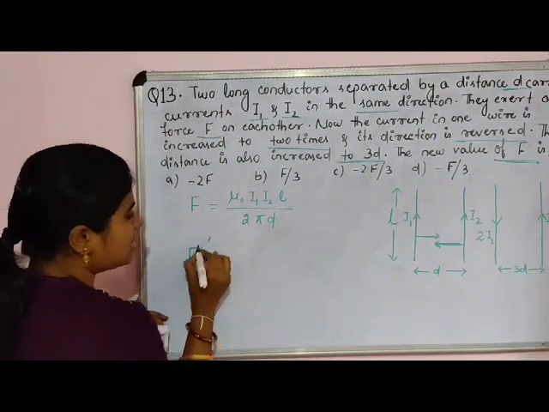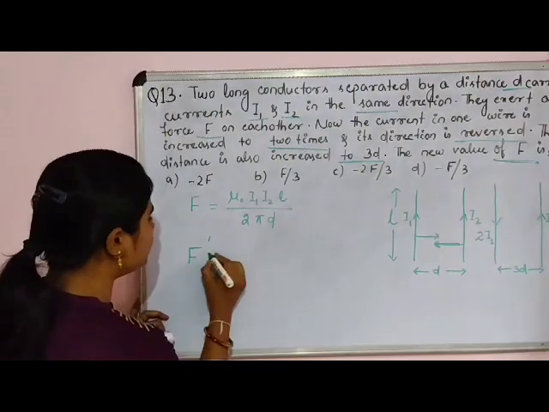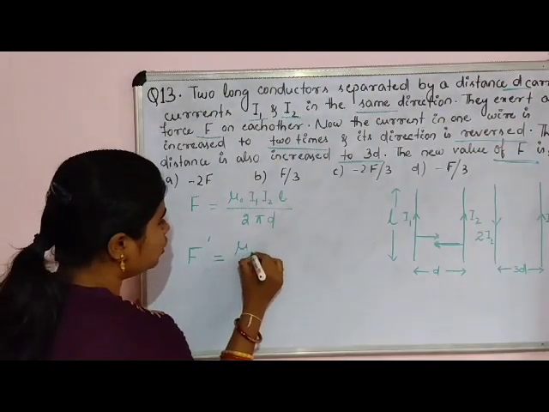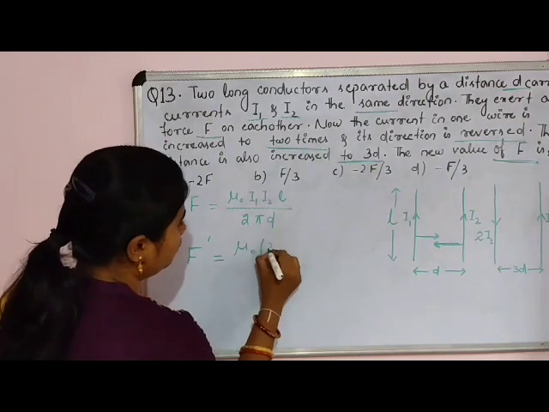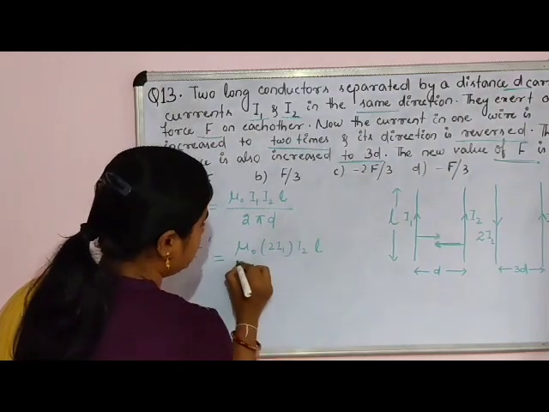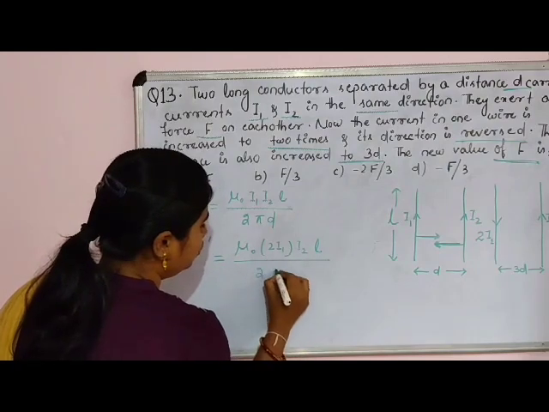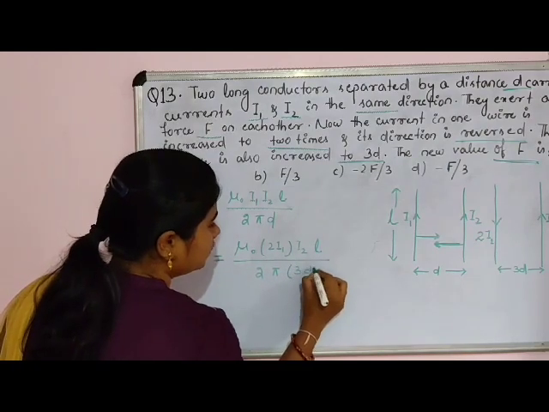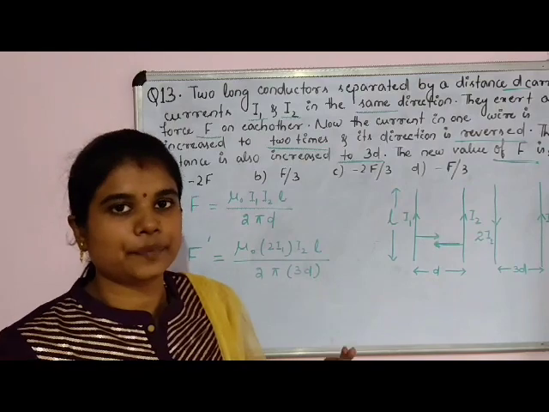So let it be F dash. What will be the amount of force? That will be equal to mu naught 2I1 I2 L divided by 2 pi 3d. Okay, clear?